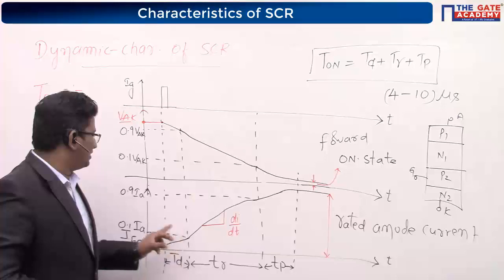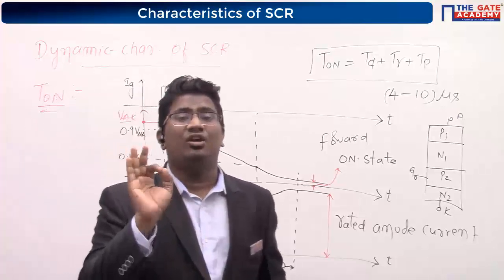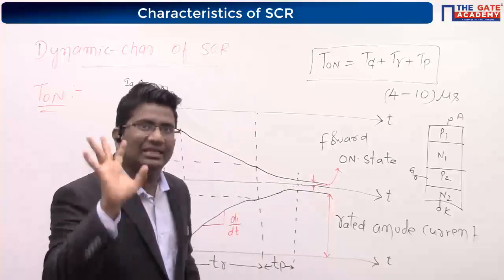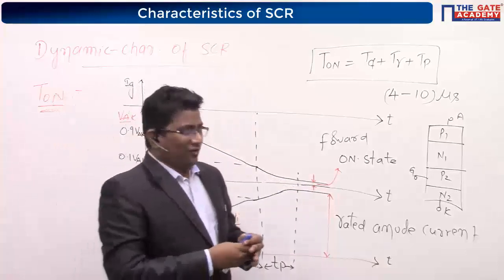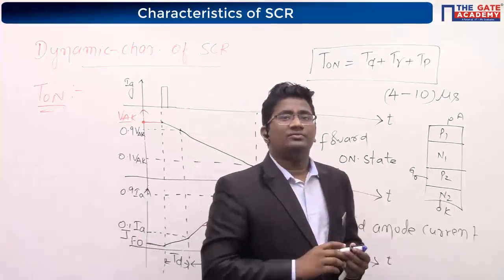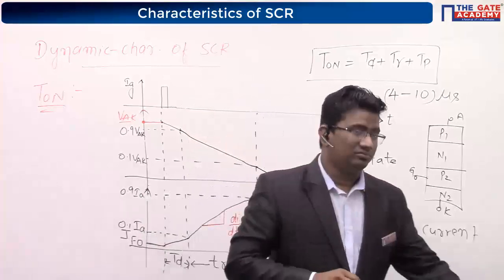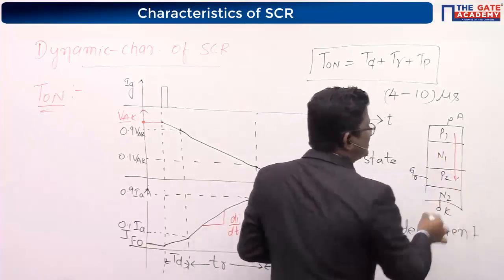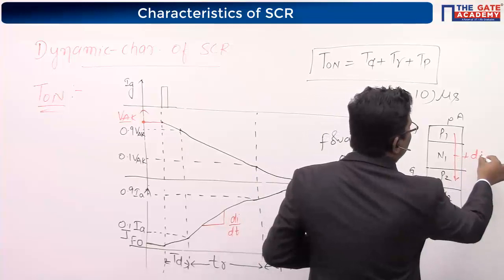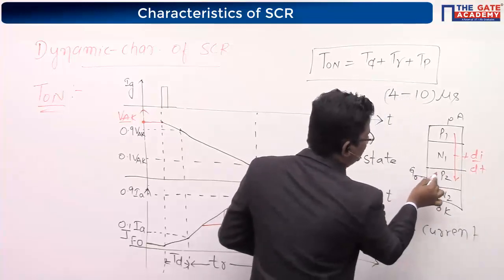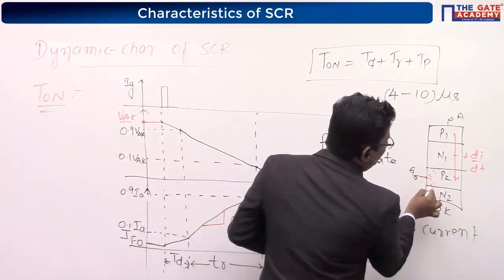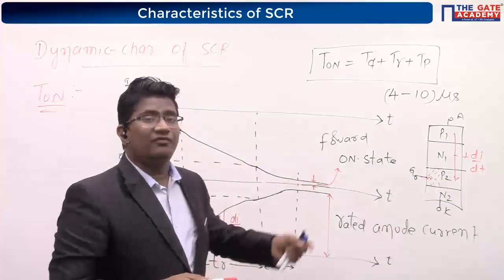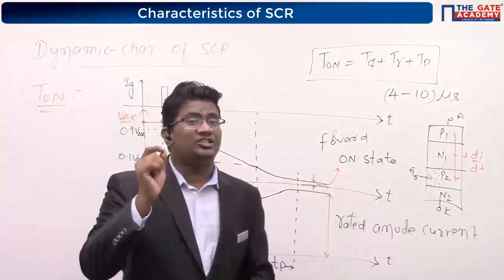If the external load current is coming like this, di by dt, your charge is going to spread with some velocity. That is called the time taken for moving the charged particles. We have defined it as the spread time.